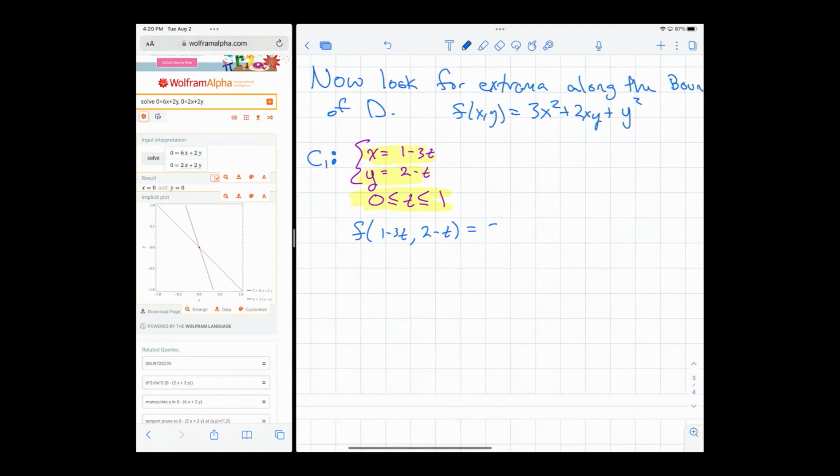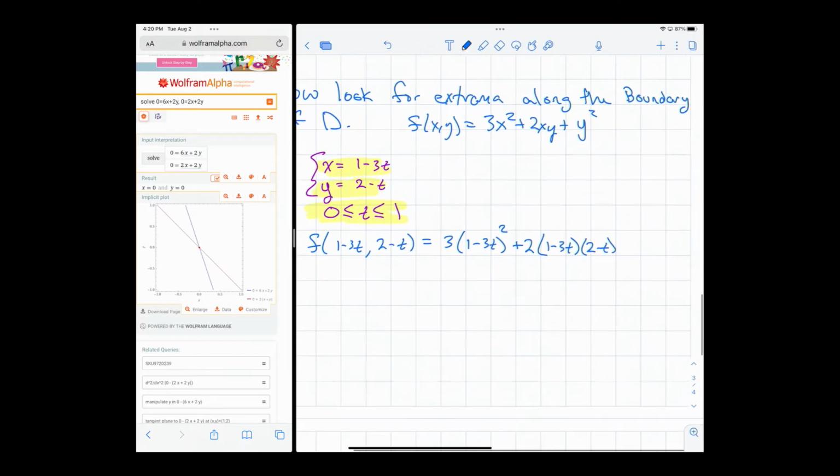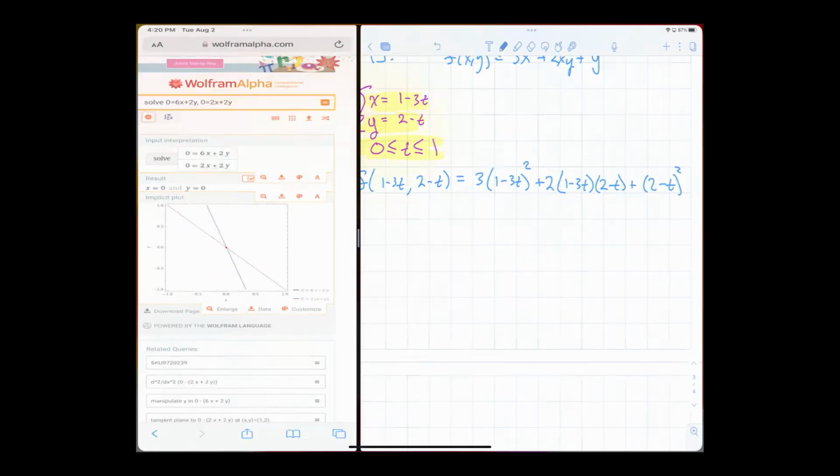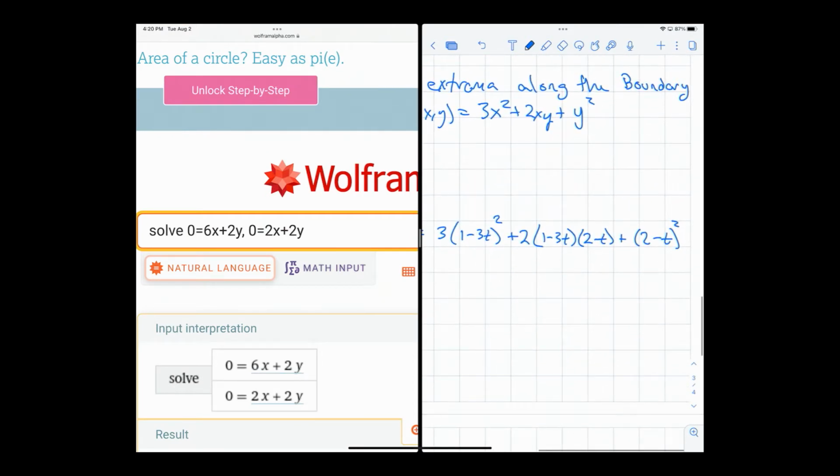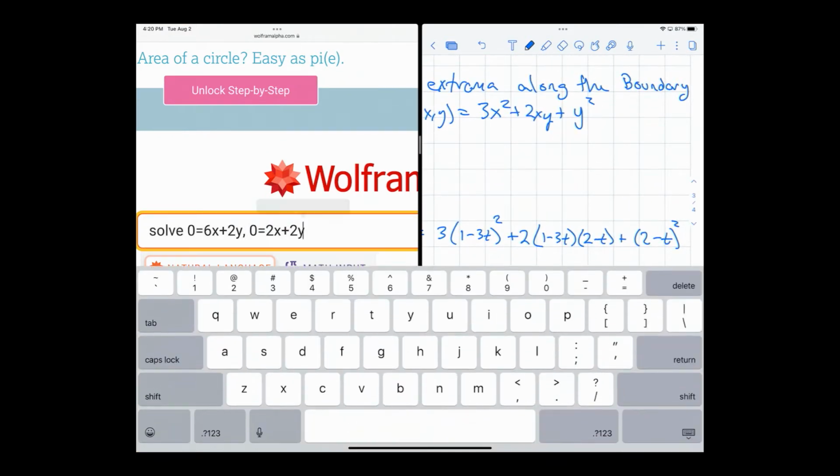So when you do that, you have (1 minus 3t) squared plus 2 times (1 minus 3t) times (2 minus t), plus (2 minus t) squared. Now, this is definitely a case where you can use a computer. Obviously, you are all capable of multiplying that out, but this is how you avoid mistakes on problems like these.